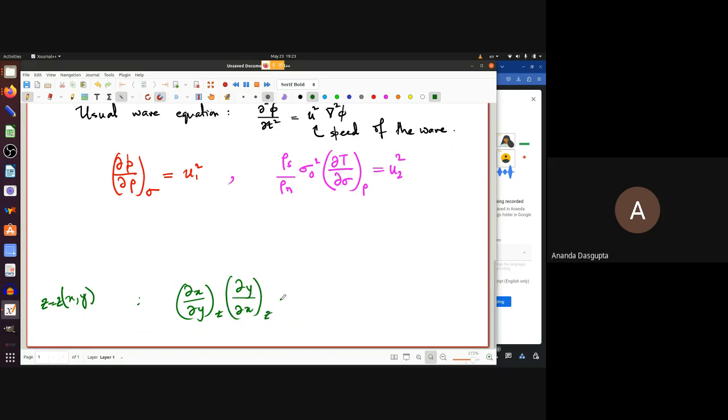Can anybody tell me what that is? These are partial derivatives being multiplied together. What is this quantity? How much is this? Basic maths which you had learned definitely in first year when you did thermodynamics.